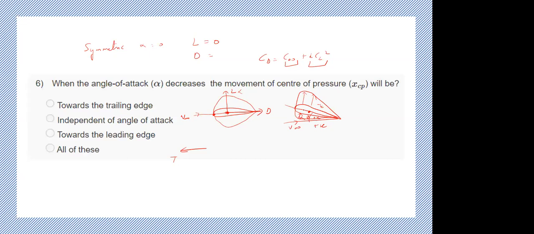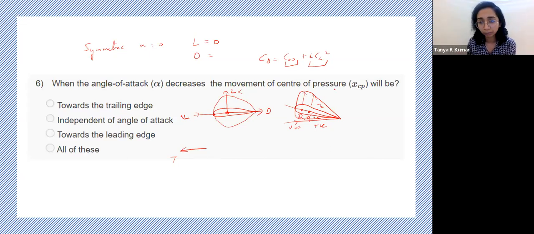Move ahead. Exactly. Why? Because you can see that the net pressure is higher above, and the magnitude is closer to the leading edge. Similarly, when I reduce the angle of attack, your chord line is here, and oncoming velocity is here. You have a negative angle of attack.